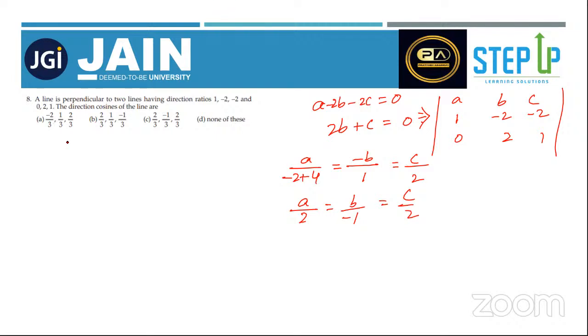So what is the direction ratio for this? The direction ratio for this is 2, minus 1, and 2. So what is the mod of this one? This is 4 plus 1 plus 4, which is 3.